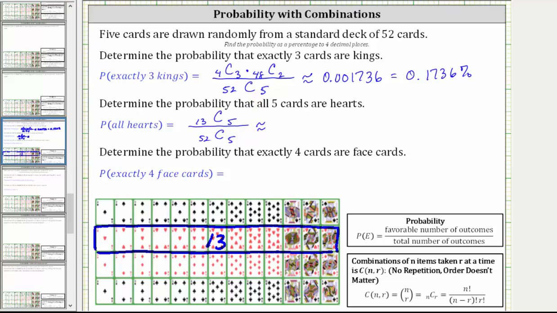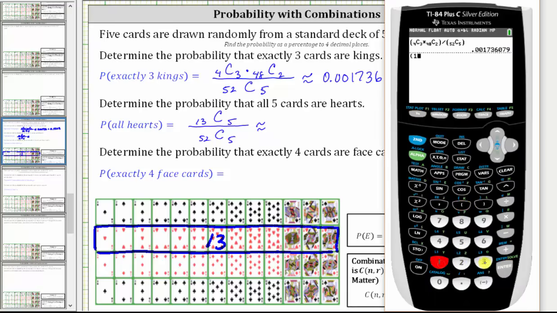So going back to the calculator, we have 13 choose 5 divided by 52 choose 5. Notice how this is giving us scientific notation. This means 4.95 etc. times 10 raised to the power of negative 4.